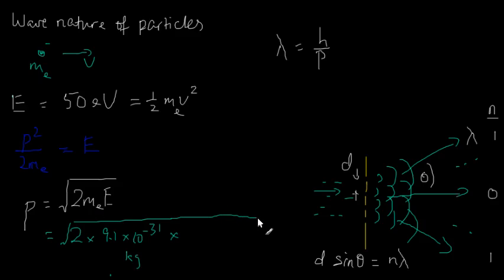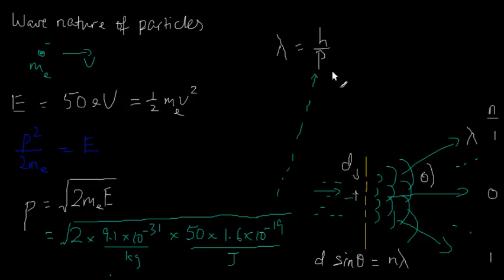Now 50 eV has to be converted to joules, so that will be 50 times e, the charge of an electron, 1.6 times 10 to the minus 19. So that's the mass in kg, that's the kinetic energy in joules. We can use our calculator to find this, and after that we can substitute it into here.